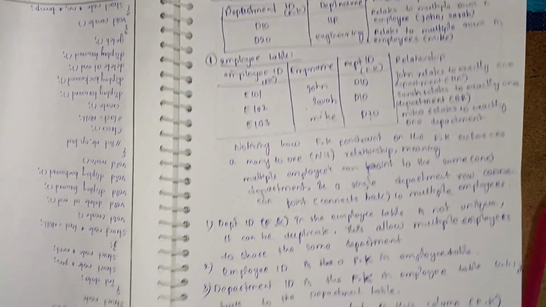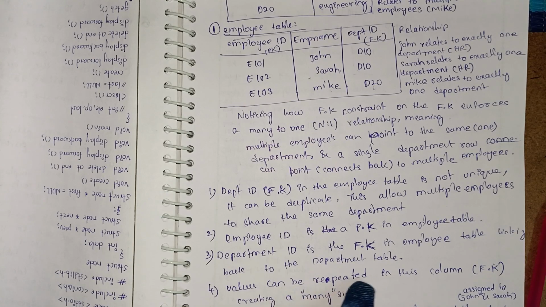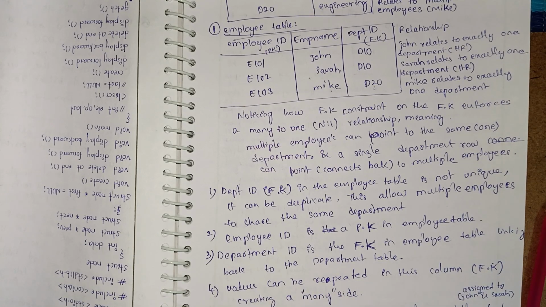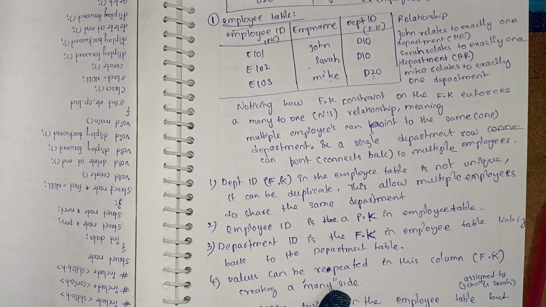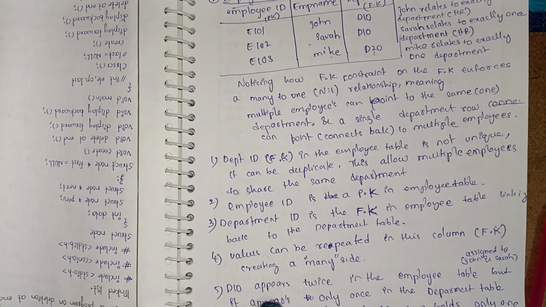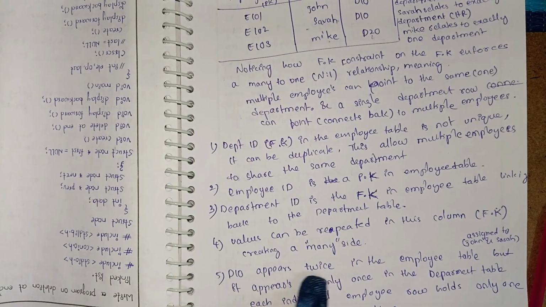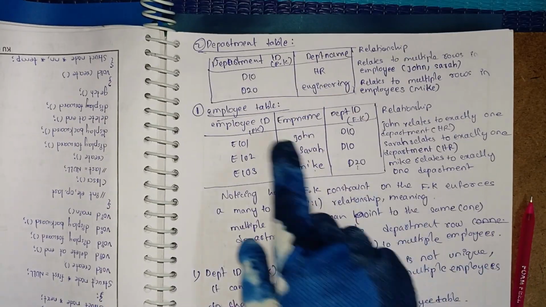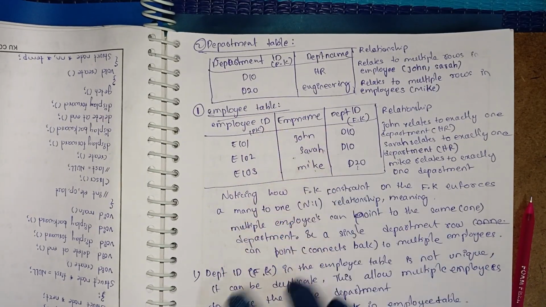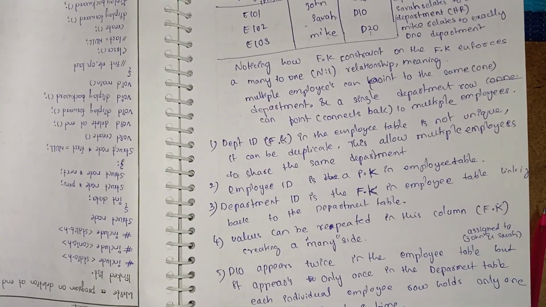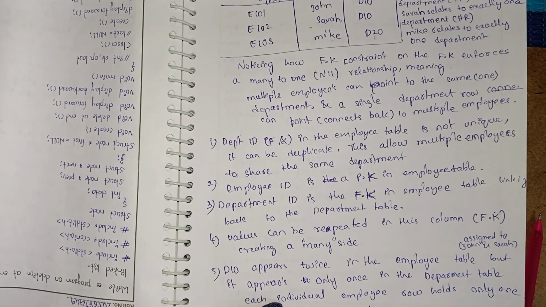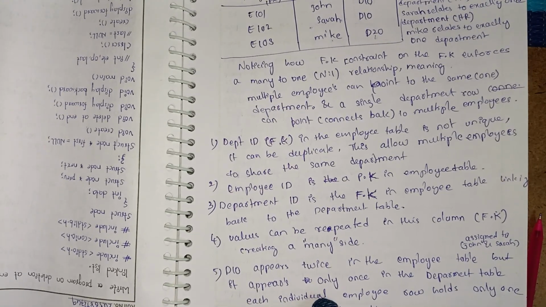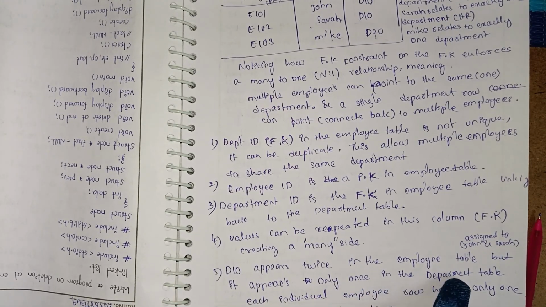Values can be repeated in this column, creating the many side. Then D10 appears twice in the employee table, and it appears only once in the department table.